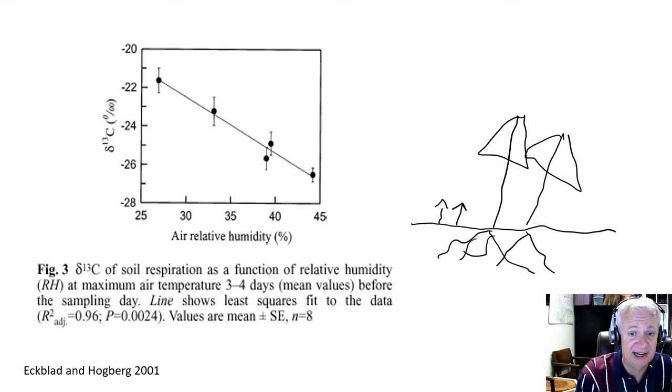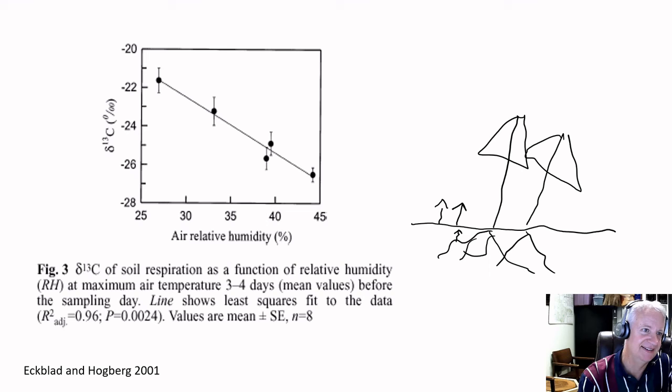So basically what they're measuring partly is carbon isotope discrimination of respiration from the roots. And it's plotted against air relative humidity 3 to 4 days before. Okay, so let's think about this for a minute. You're measuring delta 13C of basically respiration from the roots.